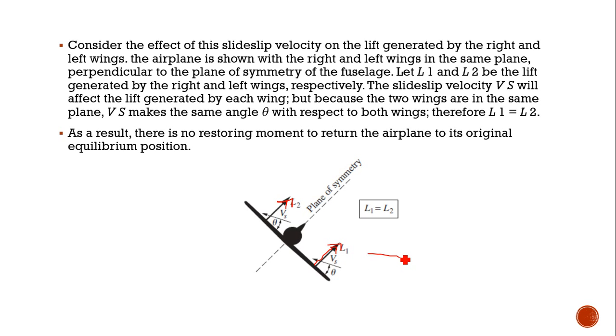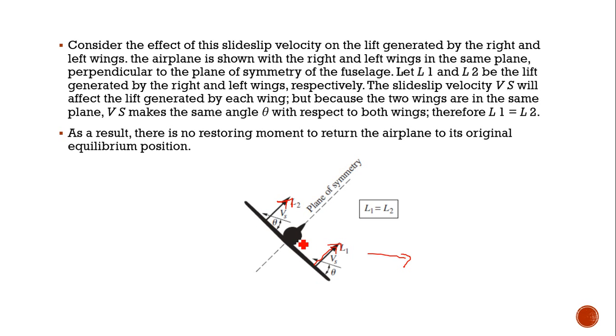This movement is called side wash, because both side lifts are equal, and because of that a side wash angle motion will be produced over the airplane. But this is for a low wing, straight wing aircraft.